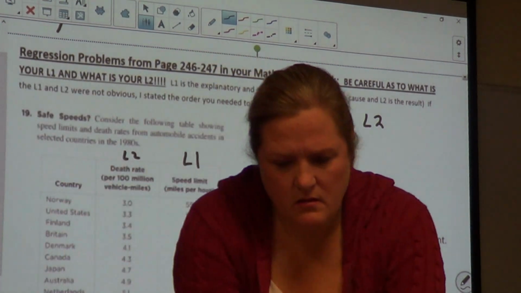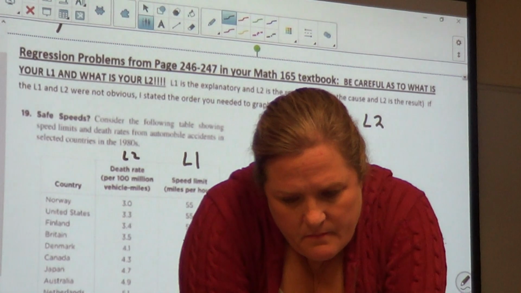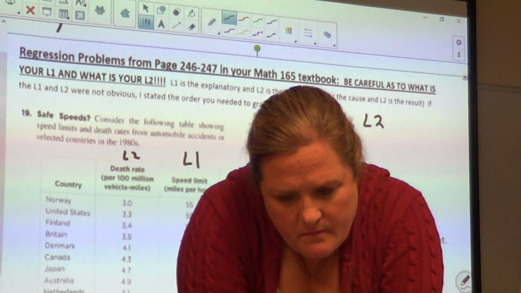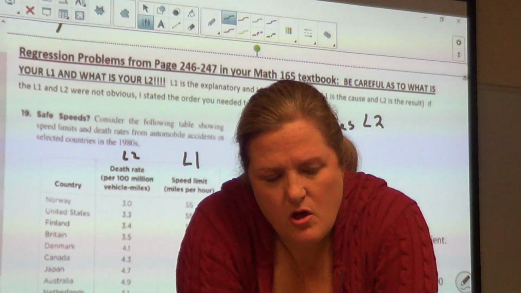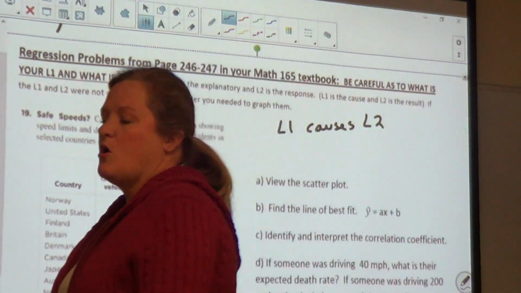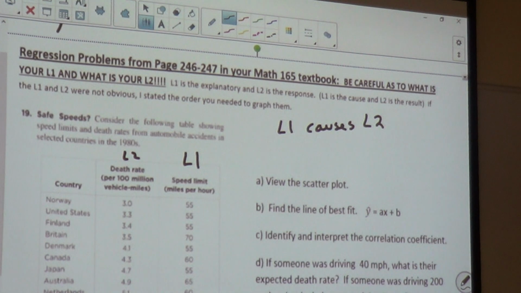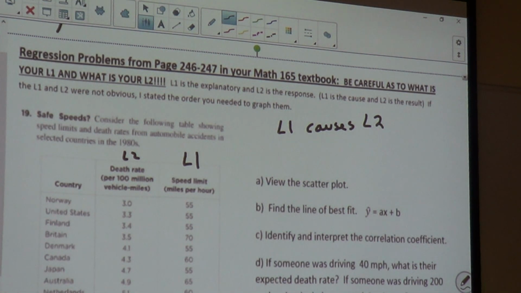Every time I find L1 or L2, I don't know why. So we fix it and you keep screwing it up is the problem. At least you know why now you're screwing it up.